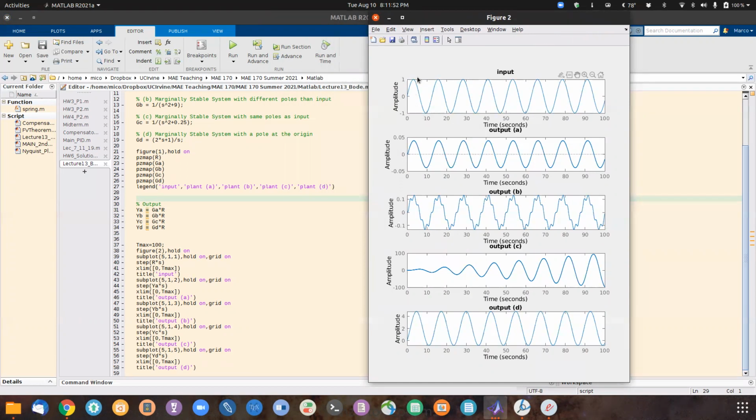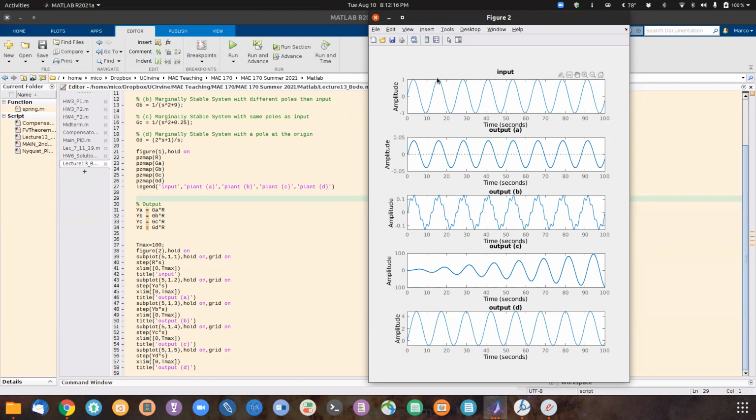However, the amplitude is different. You can see that the input has an amplitude of 1, whereas here the amplitude has decreased to 0.04. And also, when it comes to the phase, it seems like the two signals, the input and output A, are in phase.